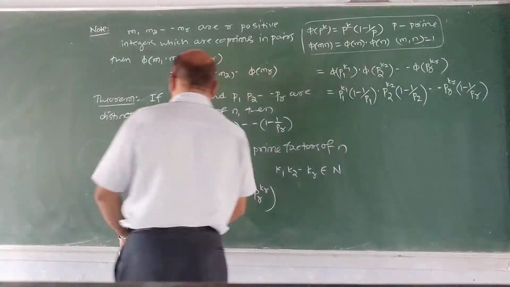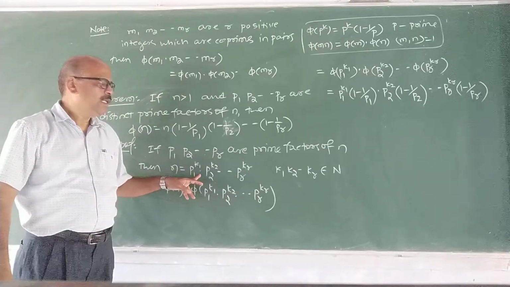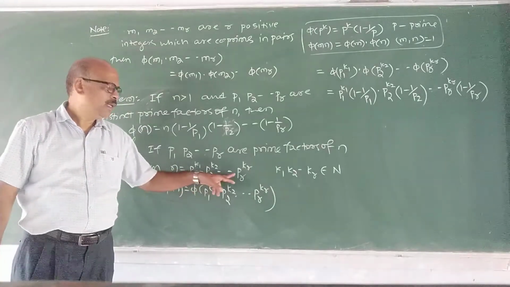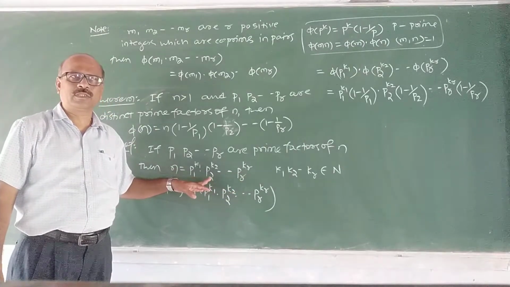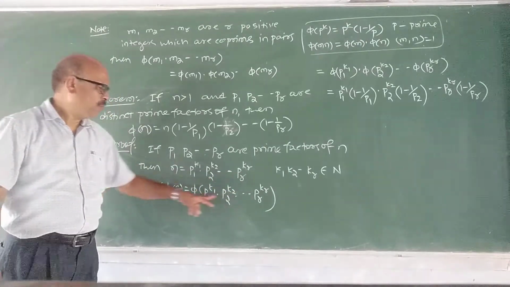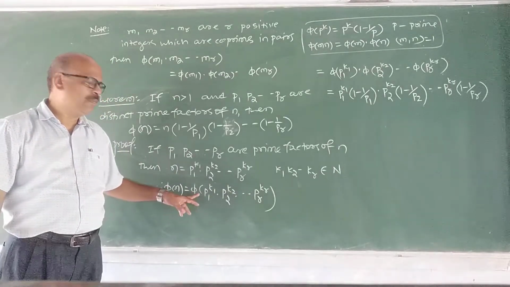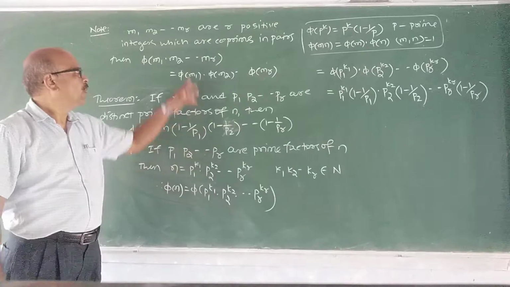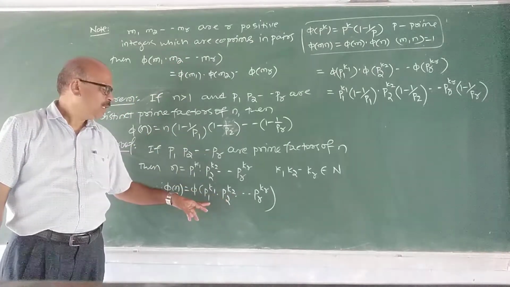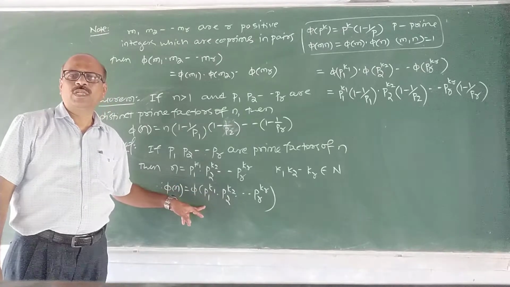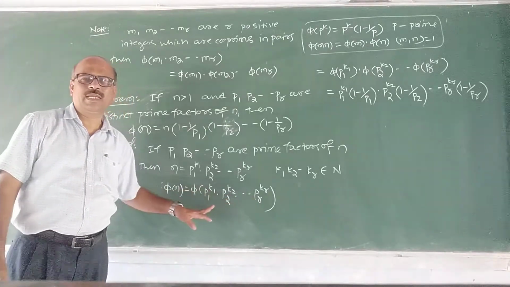See, the proof is like this. First we have expressed n in terms of prime factors. Then phi of n is given by this. But this phi of mn is phi of m into phi of n. P1, P2 all are primes, therefore they are mutually prime in pairs. P1, P2 are primes, P1, Pr are relatively prime.